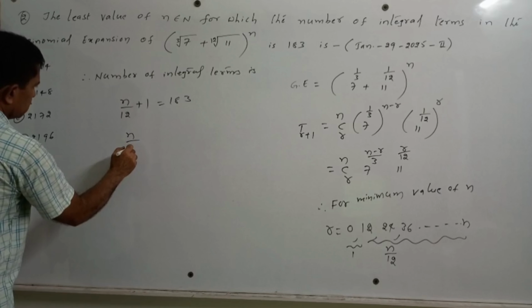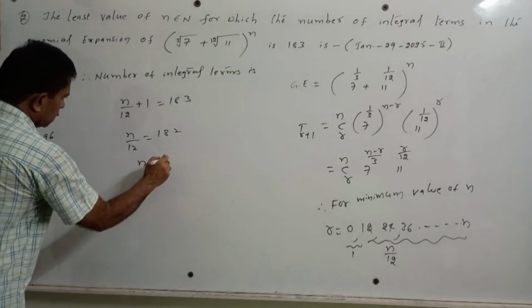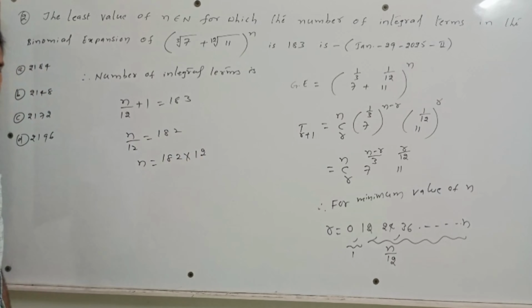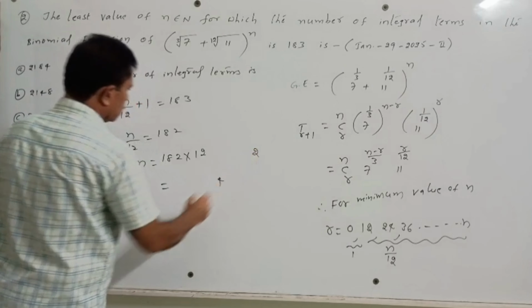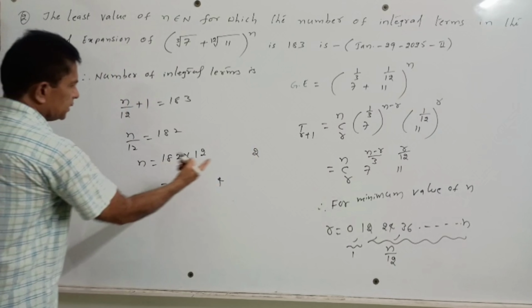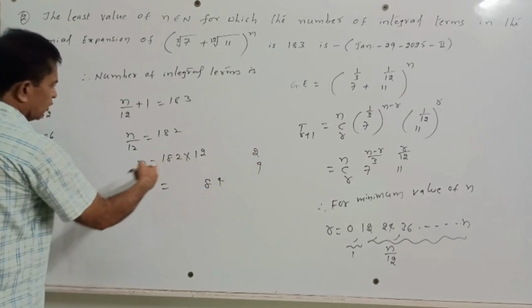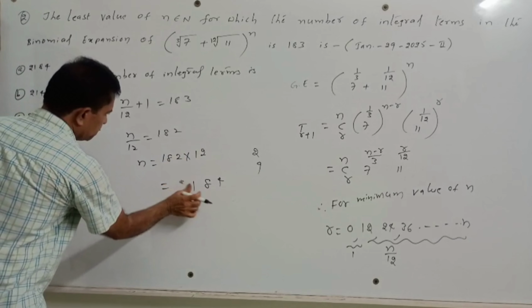Therefore n by 12 becomes 182. n becomes 182 multiplied by 12. So 12 times 2 is 24. 12 times 8 is 96. 96 plus 2 becomes 98. 12 times 1 is 12. 12 plus 9 becomes 21.